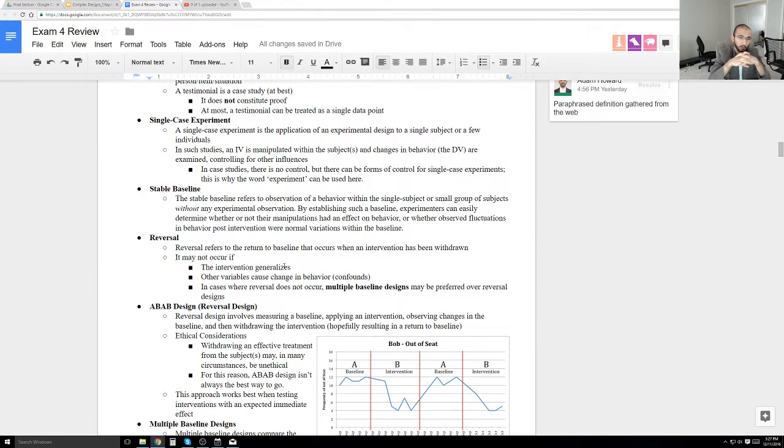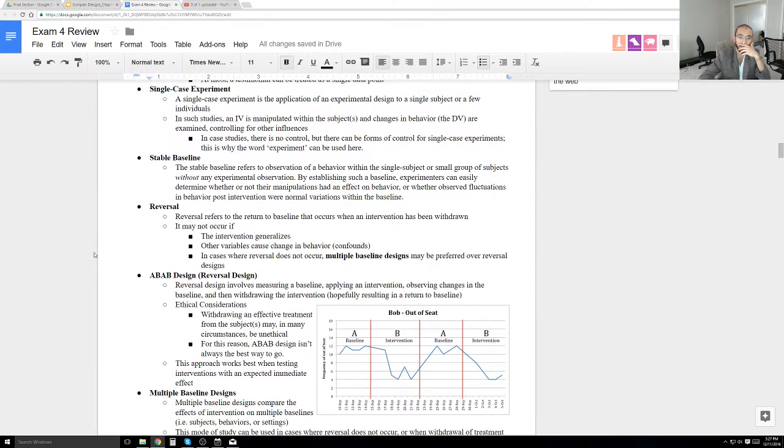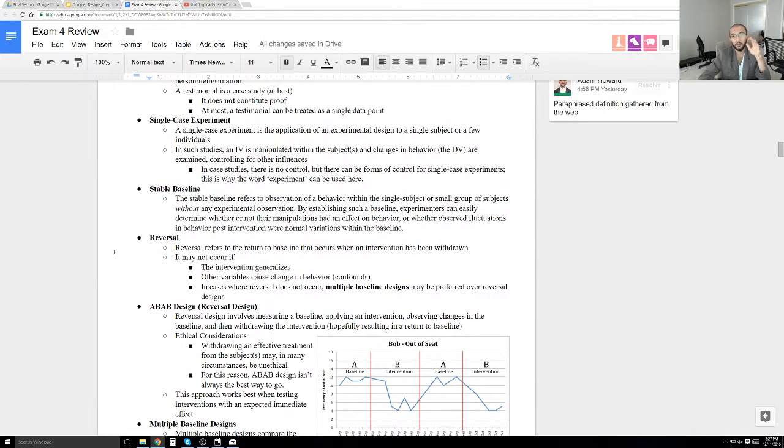So, one piece of terminology we need to hit is baseline. What is a stable baseline? Now, a baseline refers to the behavior without any intervention. So if I want to study John's behavior, and I want to see how, let's see, taking drugs influences John's behavior, if I'm implementing the drug as an intervention, let's say I'm testing marijuana usage or something, I need to observe John on his own without any drugs for a while.